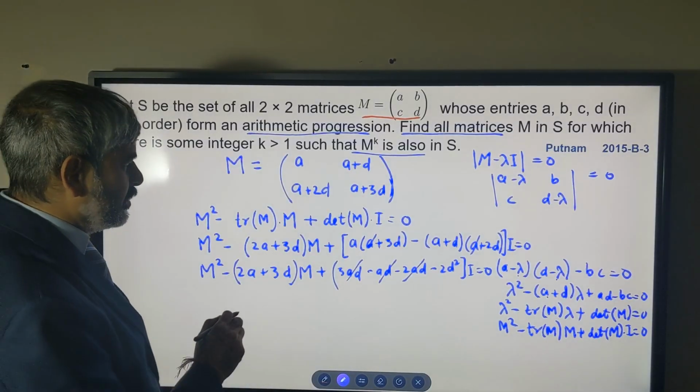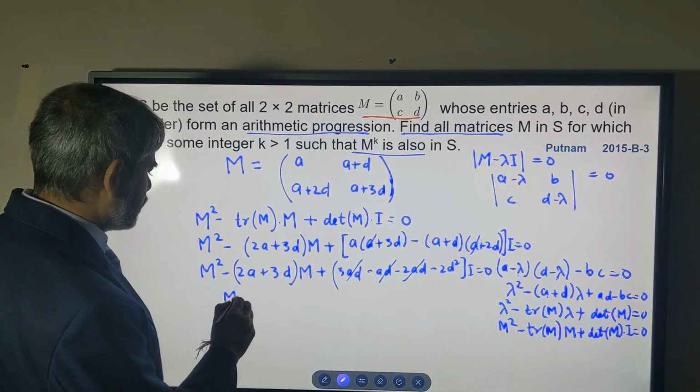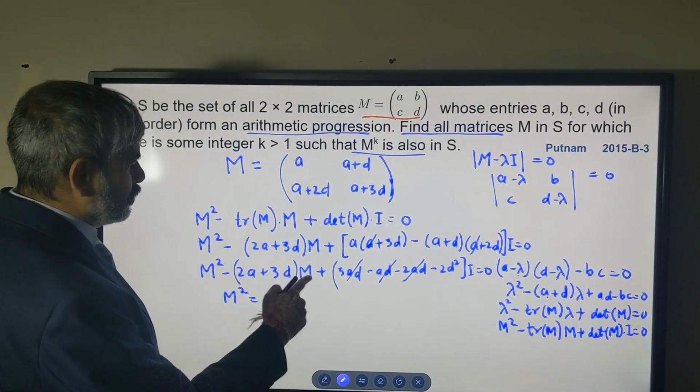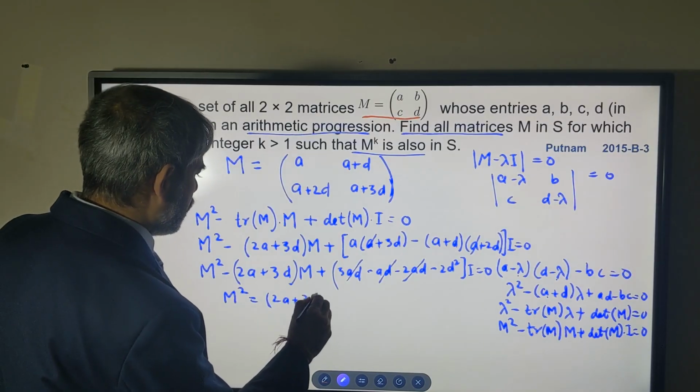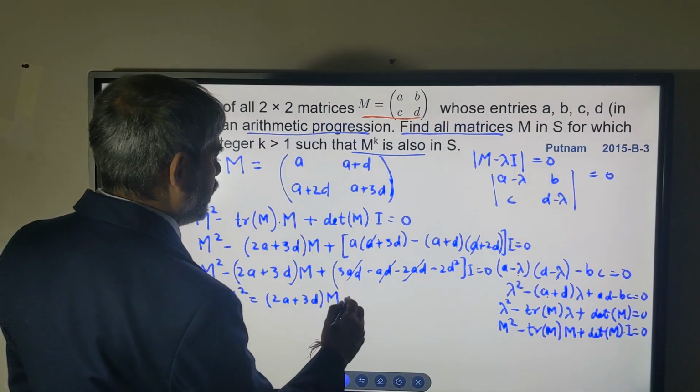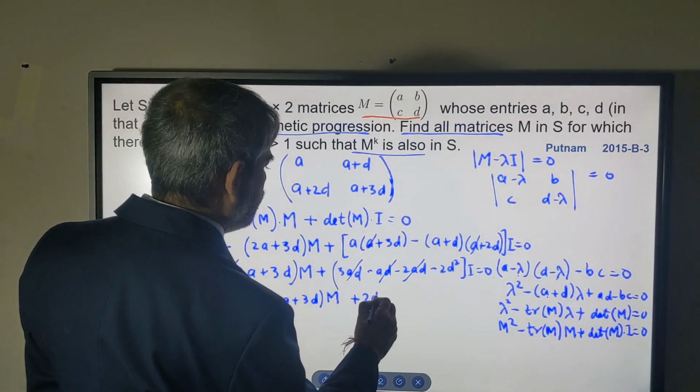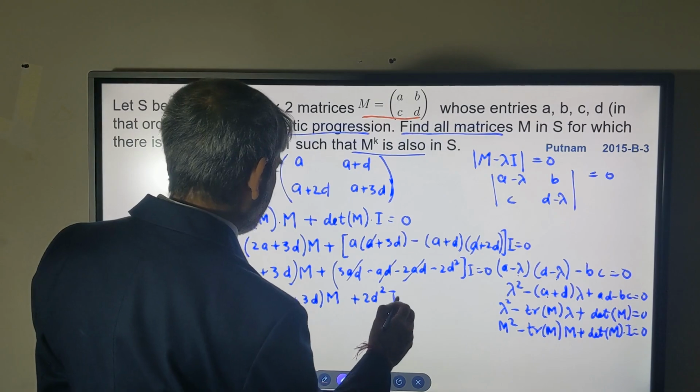So what we actually, if you see, then we can express M square as 2a plus 3d into M and plus 2d square times of I.